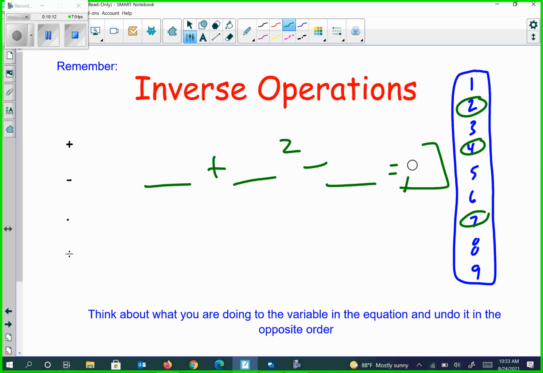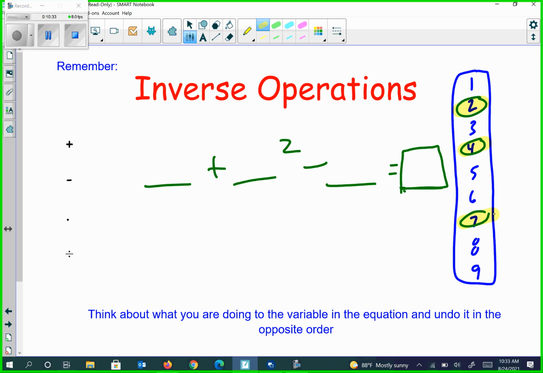I can draw a little bit better four-sided shape than that, I think. It's not much better. Okay, so I want you to think about it, play with it a little bit. You have 4, 7, and 2 to use.